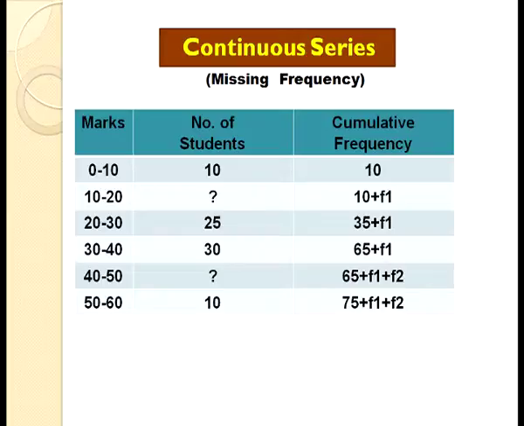That means the total number of students comes to 75 plus F1 plus F2.